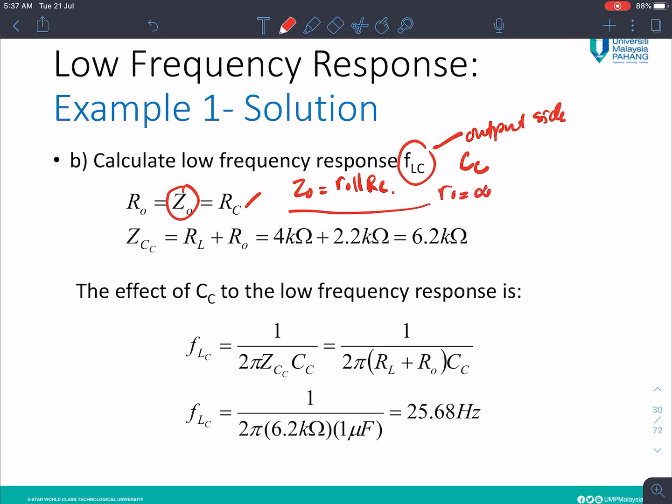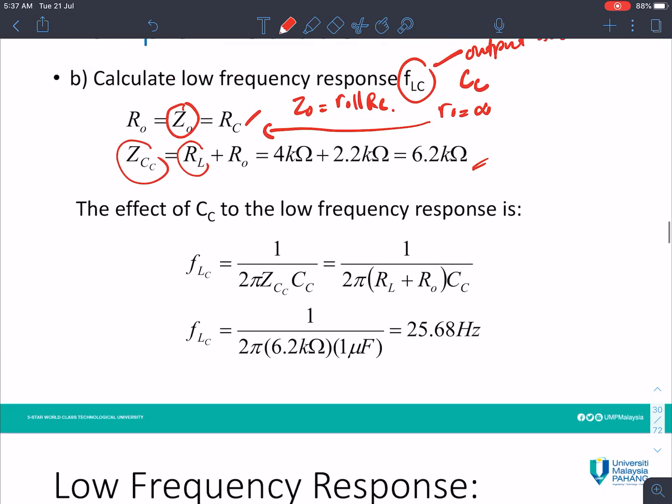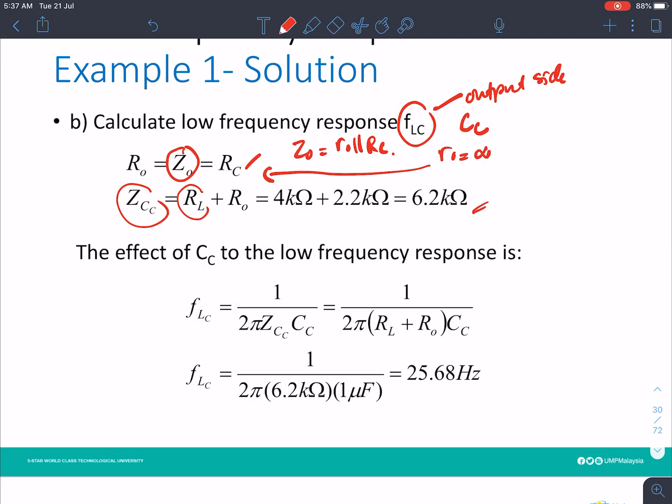So that's why we get RC here. So the total impedance here is RL plus Rout, so 6.2 kilo ohm. Now for the FLC, we insert the impedance here and the capacitor here. So you will get the FLC is 25.68 Hertz.